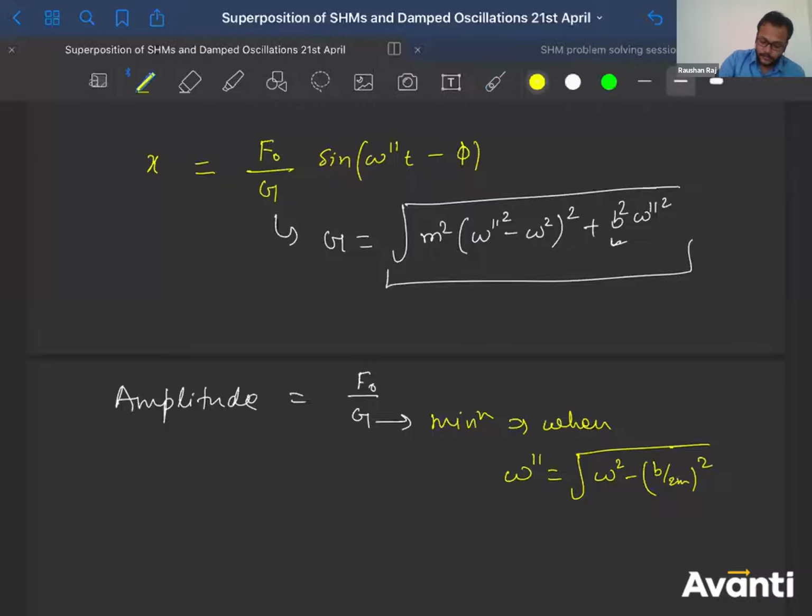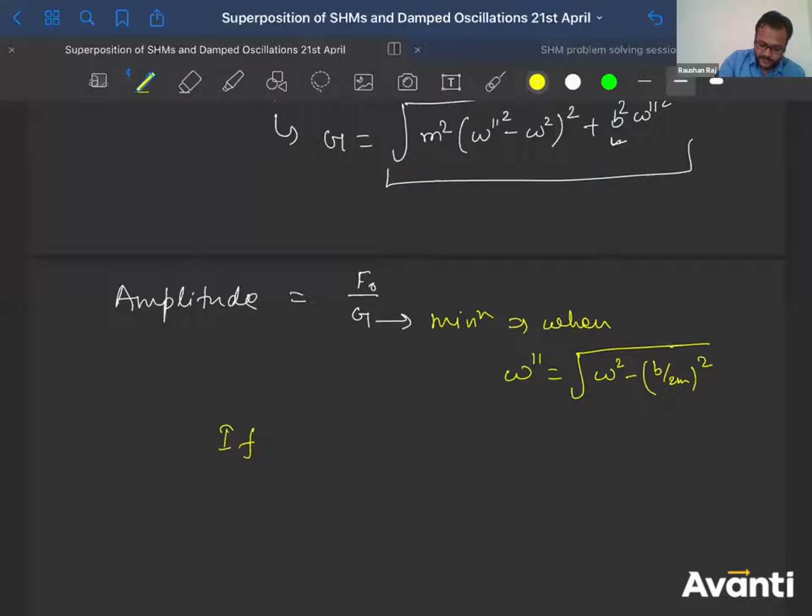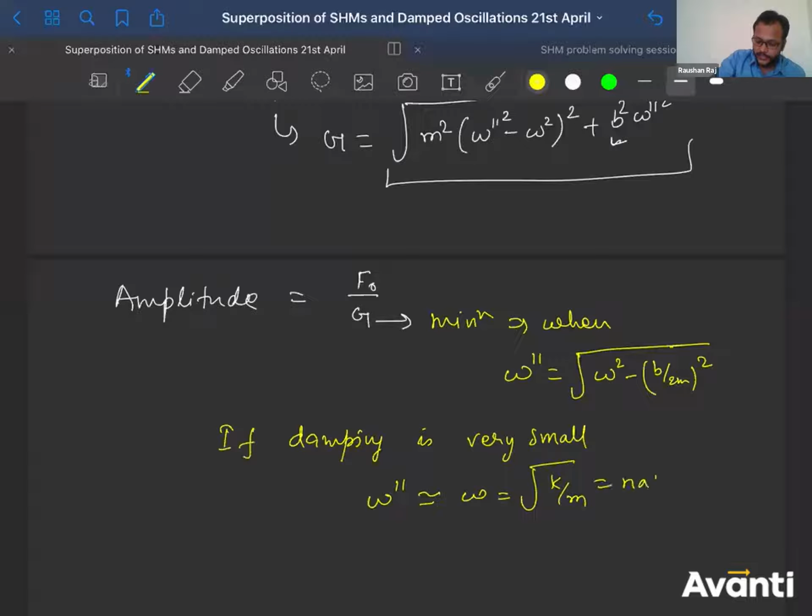Now, what if damping is very, very small? If damping is very small, what will be the omega double dash or driving frequency? This will become approximately equal to omega, or square root of k by m. This is nothing but the natural frequency without damping at all.